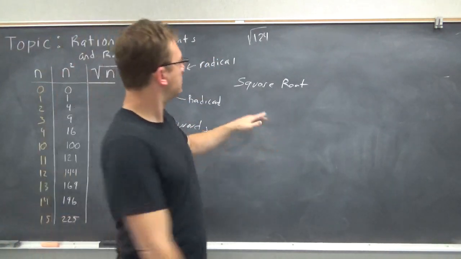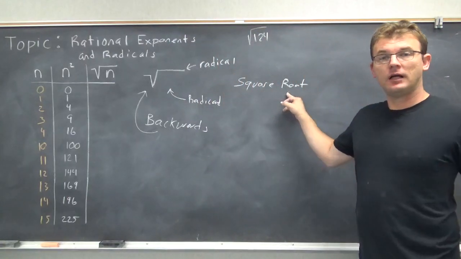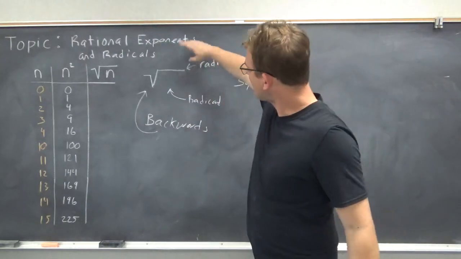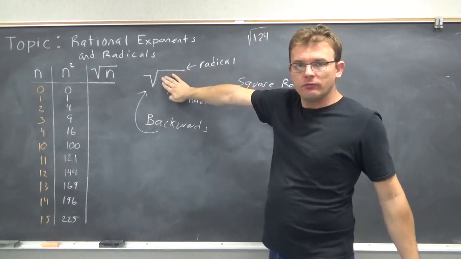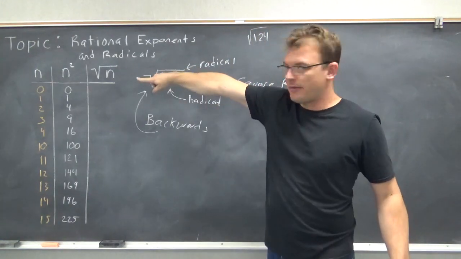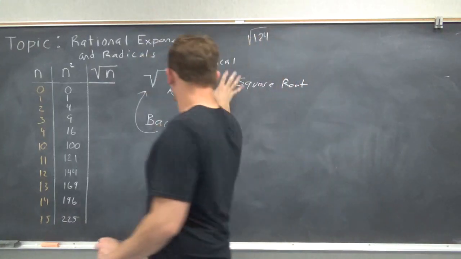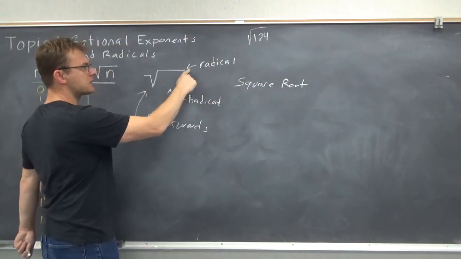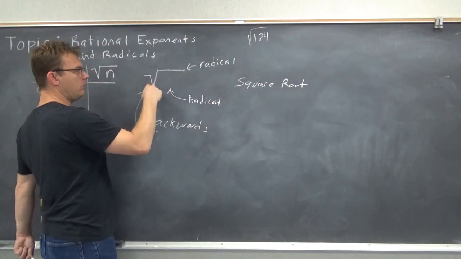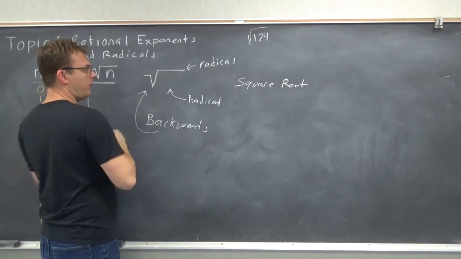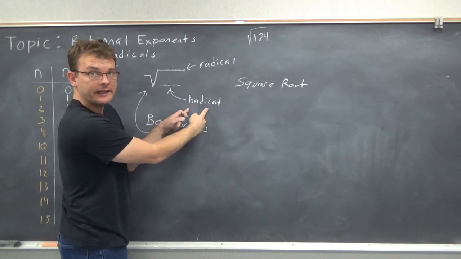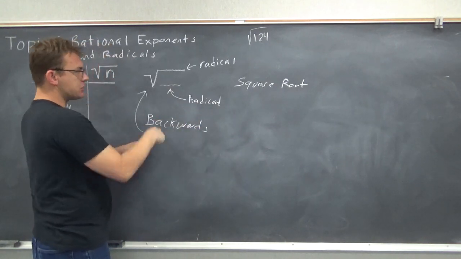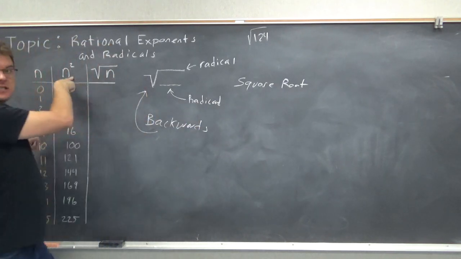Going backwards, you're square rooting it. This is what we call the square root. You have the name: this is called the radical, and in here this is called the radicand. This is just going backwards from this.